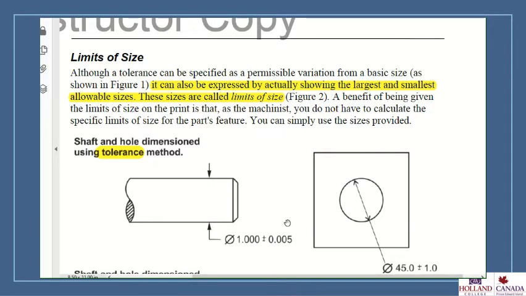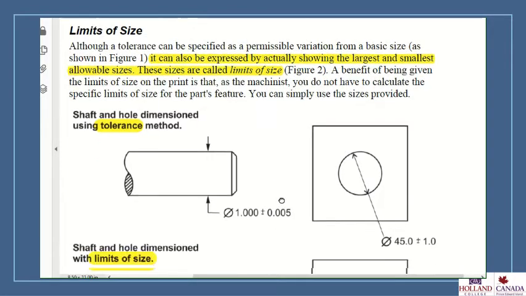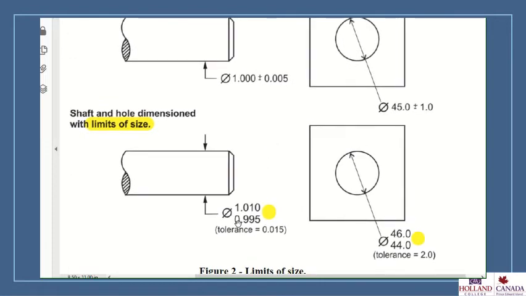If we look at that same figure dimensioned using limits of size, we can see it's called out as 1.010 to 0.995. This one's called out as 46 to 44. So it's already given for us.